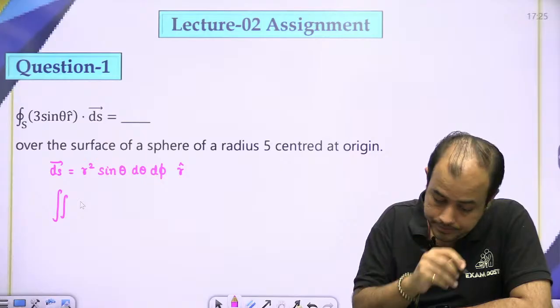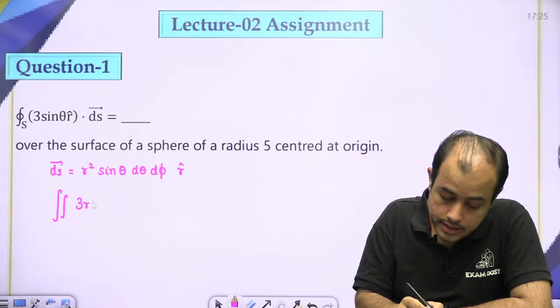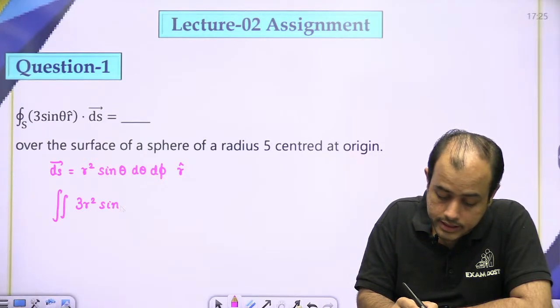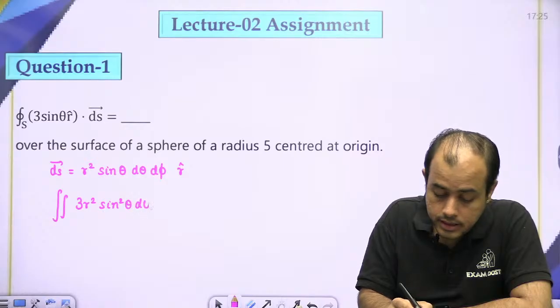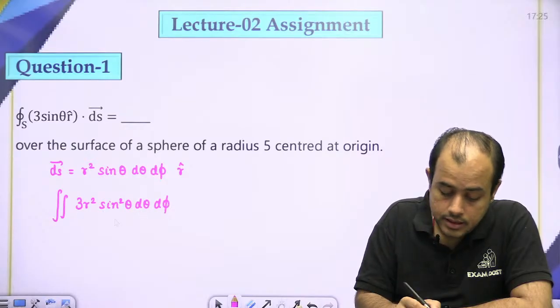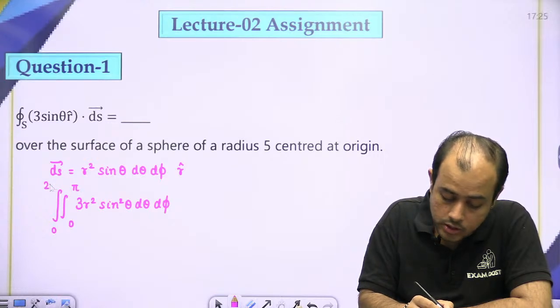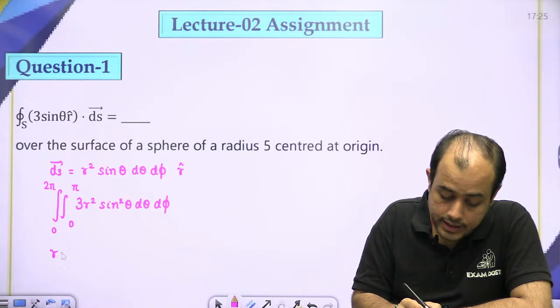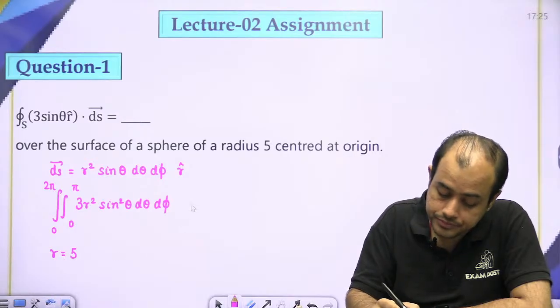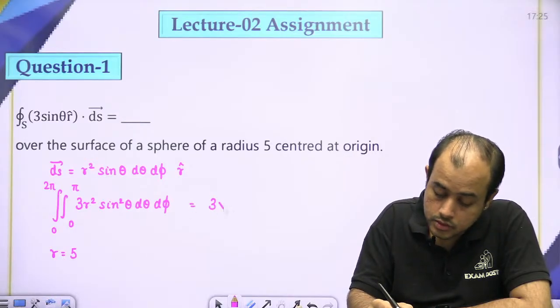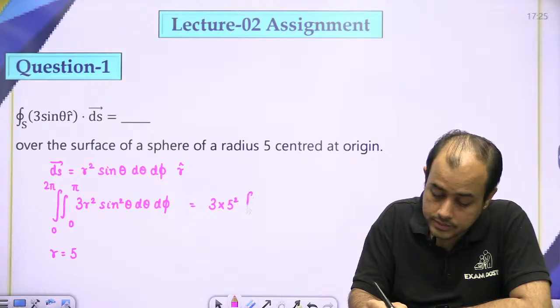So I will get 3r square sine square theta d theta d phi. Now theta will go from 0 to pi, phi from 0 to 2 pi. And radius is mentioned as 5. So 3 into 5 square.